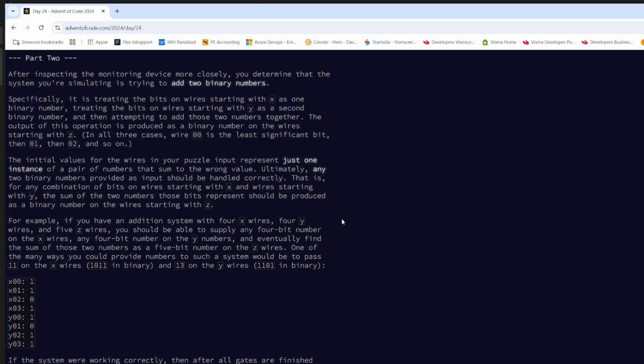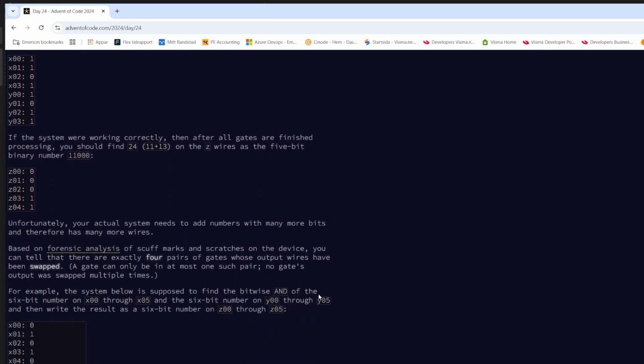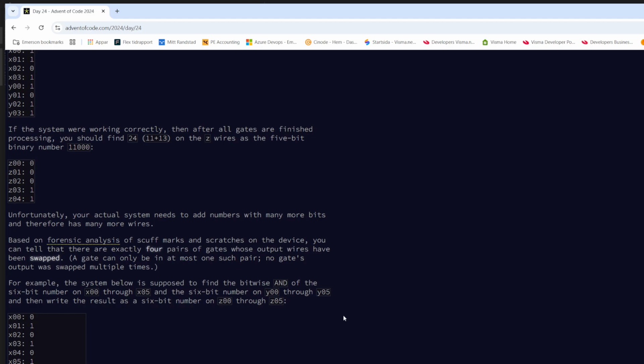One of the many ways you can provide numbers to such a system would be to pass 11 on the X wires, 1011 in binary, and then 13 on the Y wires, 1101 in binary. If the system were working correctly, then after all gates have finished processing, you should find 24 on the Z wires, as the 5-bit binary number 11000.